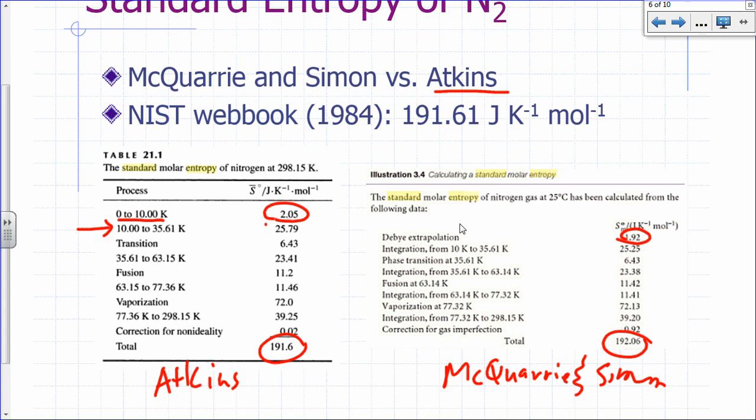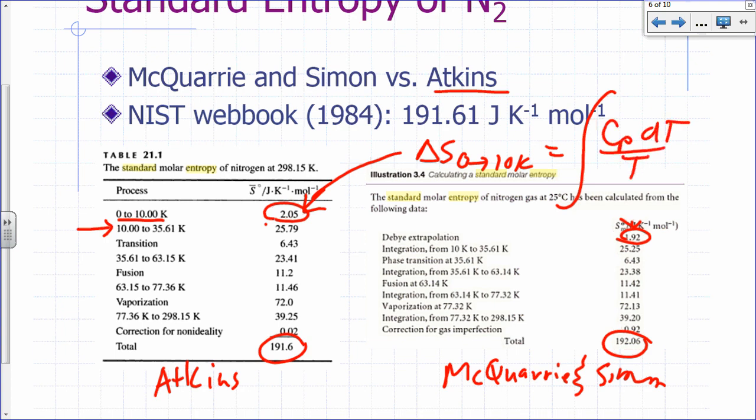First of all, where would this number come from? It would come from delta S from 0 to 10 Kelvin. What would be the formula for delta S at constant pressure heating? It's just Cp dT over T.